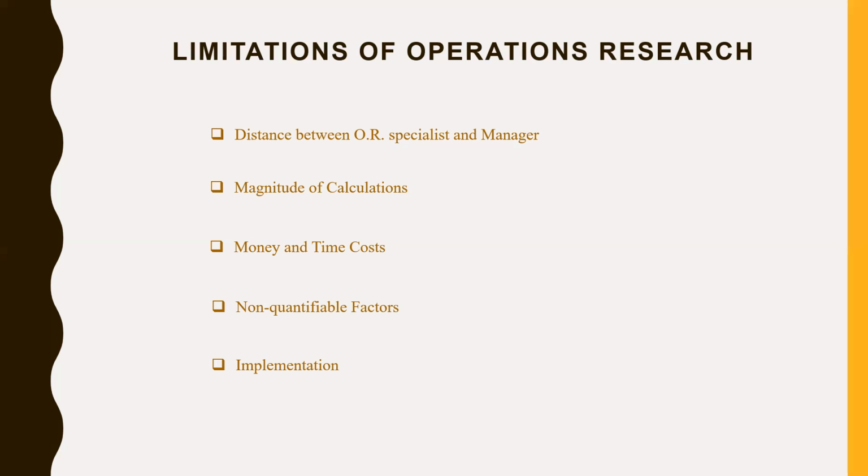These variables are enormous in the modern world, and expressing them in quantitative models and creating a relationship between them involves a lot of work which can only be done by machines. So the magnitude of calculations in finding the right solution is very difficult.